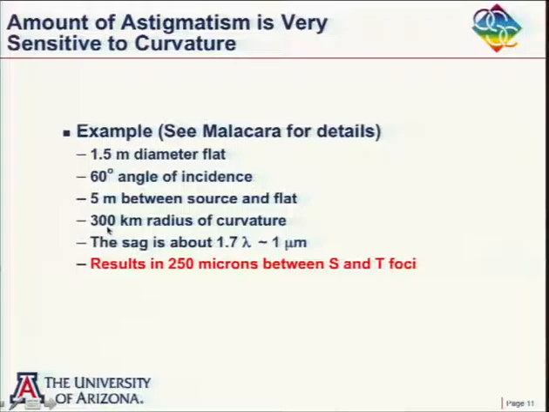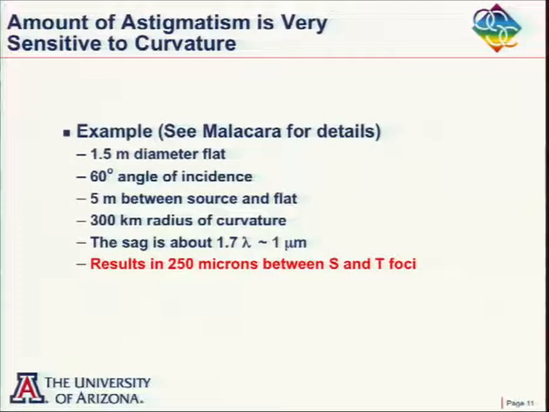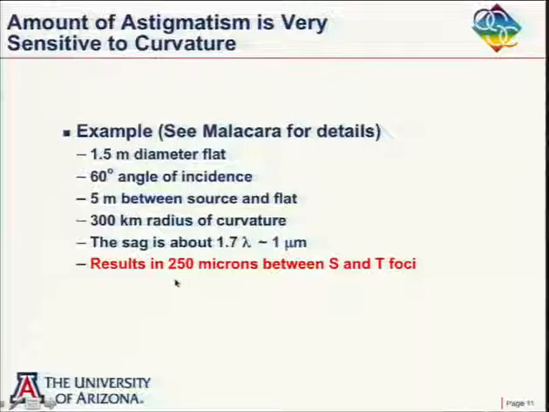If this flat has a radius of curvature of 300 kilometers, which seems to me like a long ways, okay? A really long 300 kilometers, you are going to get a distance between the two foci for astigmatism, the S and T, of 250 microns. Isn't that amazing?